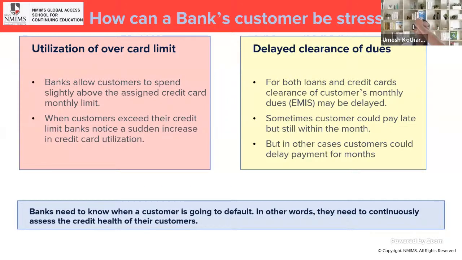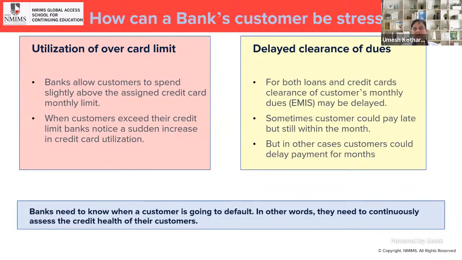Number two, they are also overspending and therefore paying finance charges, or not paying their dues on time, and that is your delayed clearance of dues. So either you're not paying your EMIs or your credit cards.